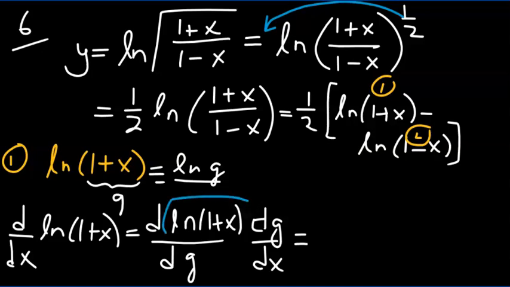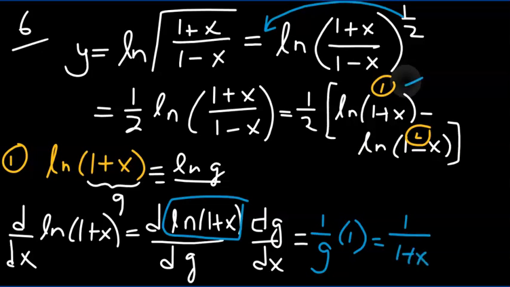Note that log of 1 plus x is quite simply log of g, and its derivative is simply 1 over g. dg dx, where g is 1 plus x, is 1. So the answer is 1 over 1 plus x for the first term.